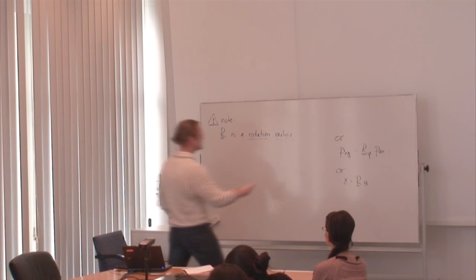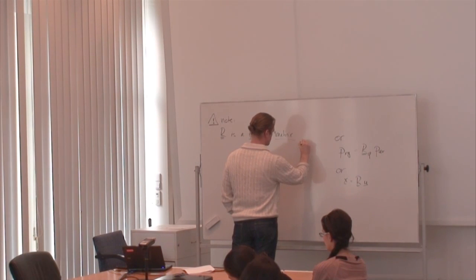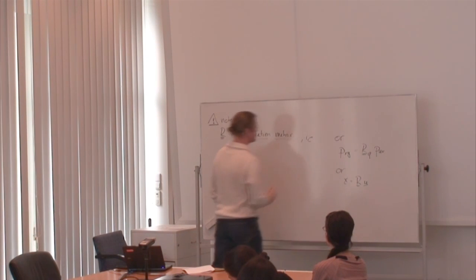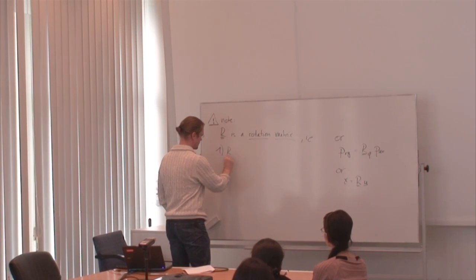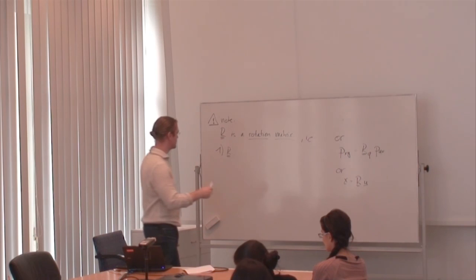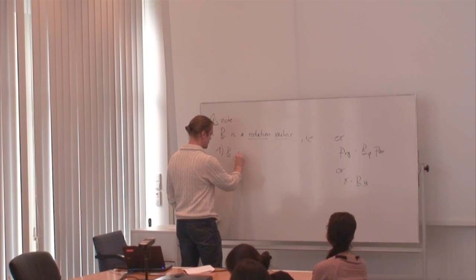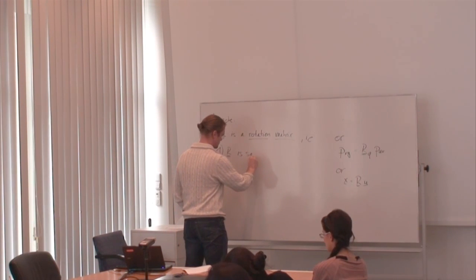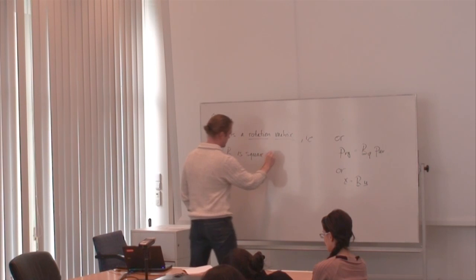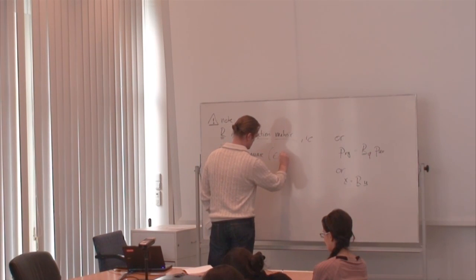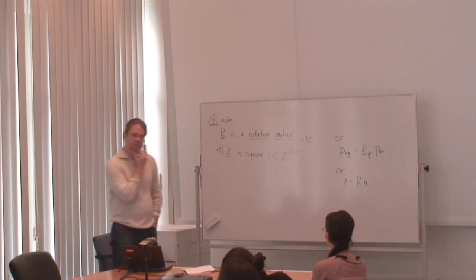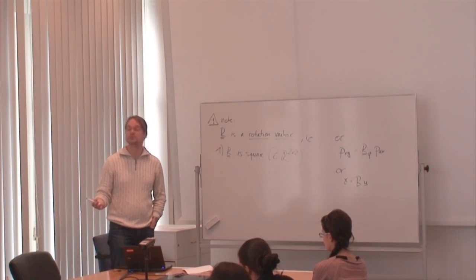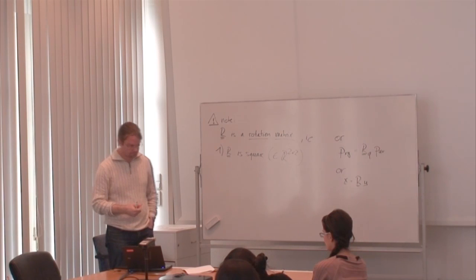What is it to say that a matrix is a rotation matrix? That is to say, first of all, this matrix R we just derived is a square matrix. In our case, it is a 2 by 2 matrix over real numbers, but it is a 2 by 2 matrix, so it is square.